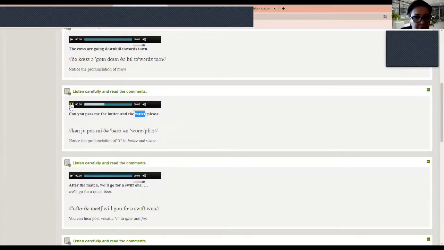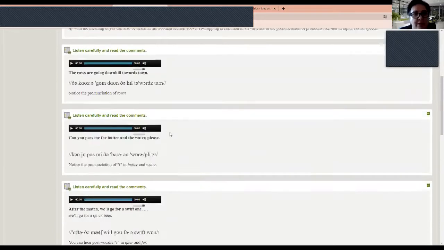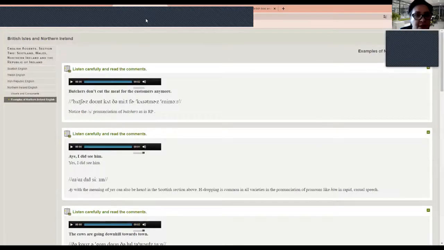Can you pass me the butter and the water, please? So many more interesting examples are given on this website, where you can find differences between British English and its variations.